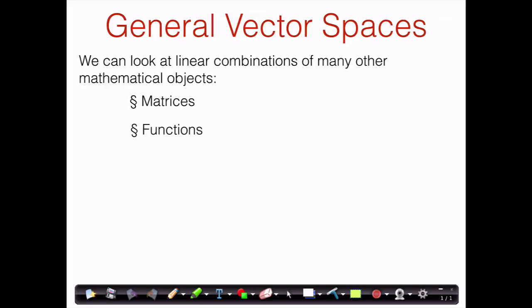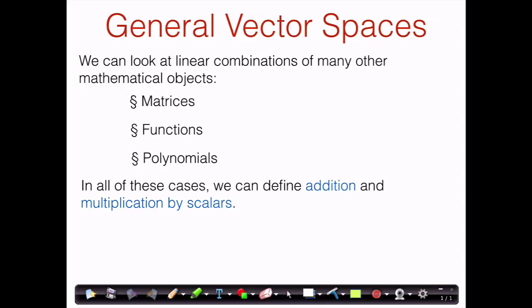Also for real-valued functions, we can take the sum of two functions, we can multiply a function by a scalar, and we can take linear combinations of functions. Another example would be polynomials. We can add polynomials together, and we can multiply polynomials by scalars. So in all of these cases, we can define linear combinations.